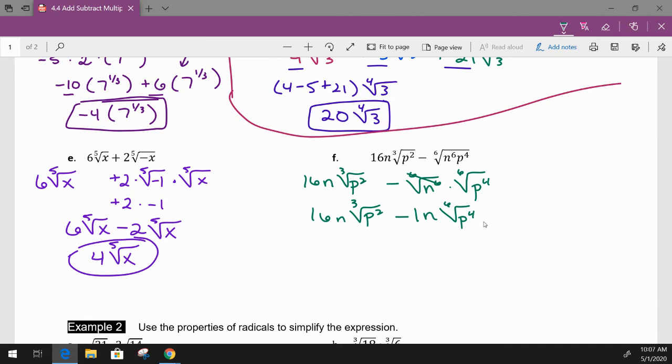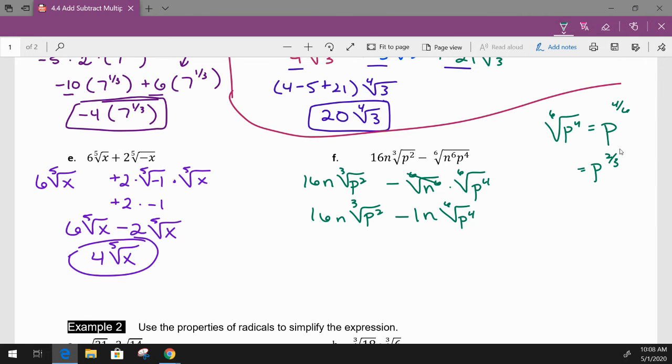So let's just take this sixth root of p to the fourth off to the side and rewrite it as a rational exponent. So the sixth root of p to the fourth is equivalent to p to the 4/6 power, 4 being the power and 6 being the root. The fraction 4/6 can be reduced to 2/3.